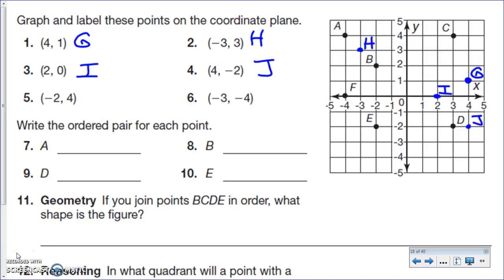So we go over to -2 on the x-axis and up to +4 on the y-axis, and we're going to call this point K. For 6, we have (-3, -4), so we go over to -3 on the x-axis and down to -4 on the y-axis, and we're going to label this point L.